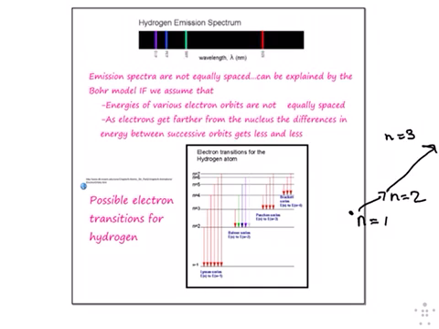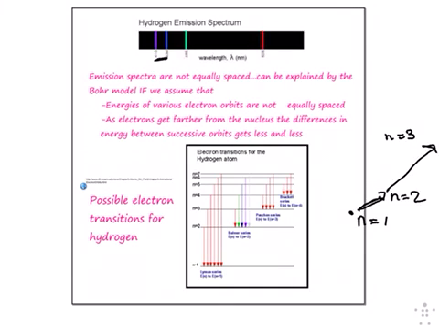Does that kind of make sense? So the closer your orbits are, the closer your emission spectra will show up. Do not assume that each orbit is the same distance from the previous one as the previous one was. Lots of previous's in that sentence.